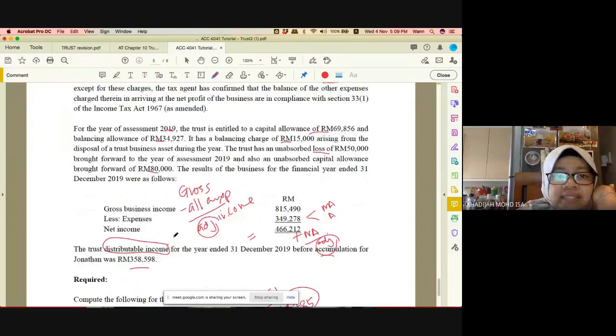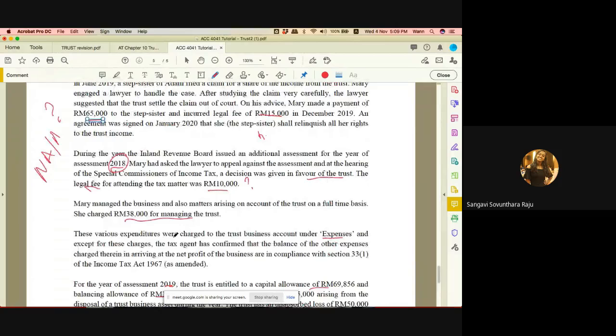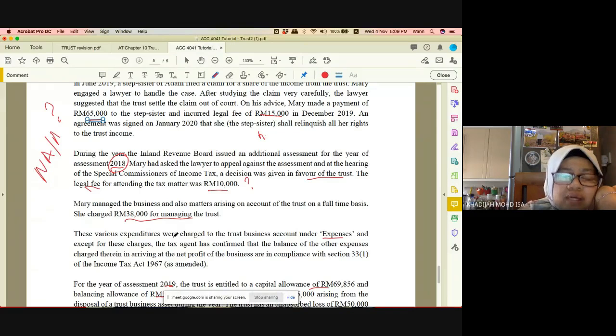Doctor, for just now you said that for 2018, that 10,000 would be allowable, is it? Yes, for 2018 this one is allowable because it's a legal fee to manage 2018. But it is very unlikely.